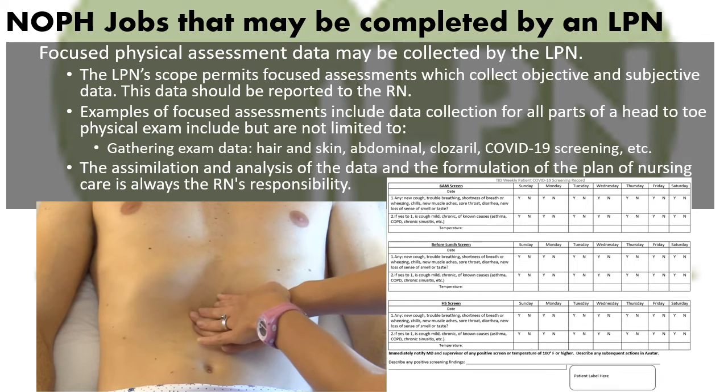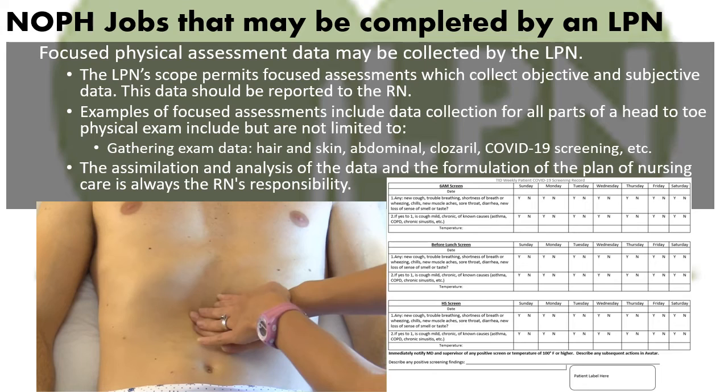So NOPH jobs that may be completed by an LPN also include focused physical assessment. The LPN scope permits focused assessments, which collect objective and subjective data, and this data should then be reported to the RN.